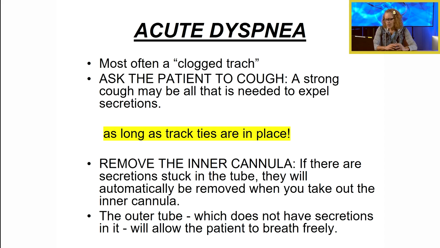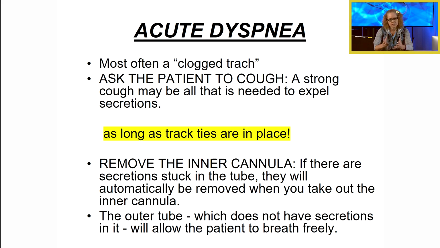All right, so acute dyspnea. Dyspnea is when the patient is experiencing shortness of breath, right? Most often, it's because of a clogged trach. We want to ask the patient to try to cough. Sometimes a cough can expel the secretions, as long as the trach ties are in place, right? We can also remove the inner cannula.